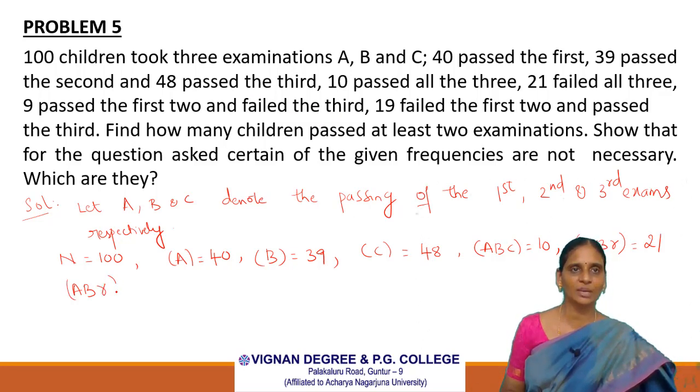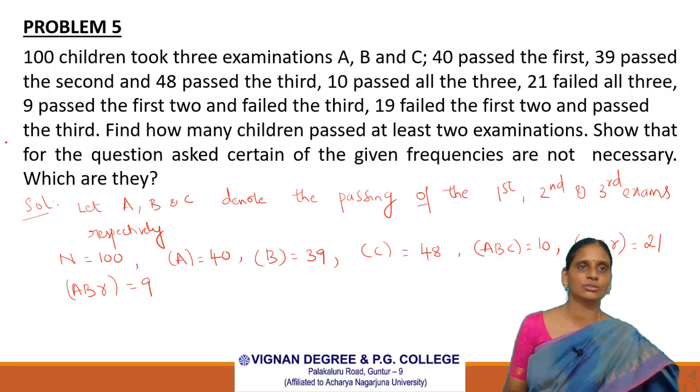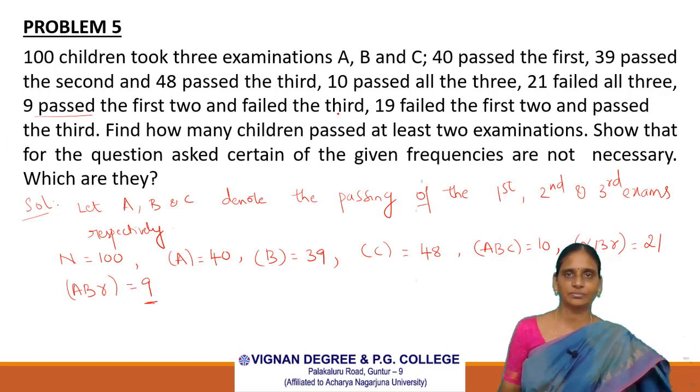So frequency of AB gamma is equal to 9. 19 failed the first two and passed the third.